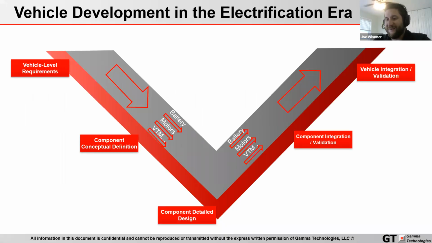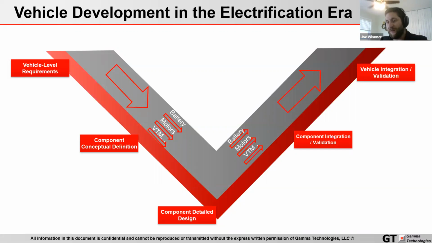So this, for those of you that have seen this 100 times before, I apologize, but this is a standard V cycle, which represents the overall vehicle development cycle in the electrification era, where basically we would start up on the top left, where the top is basically the full system.